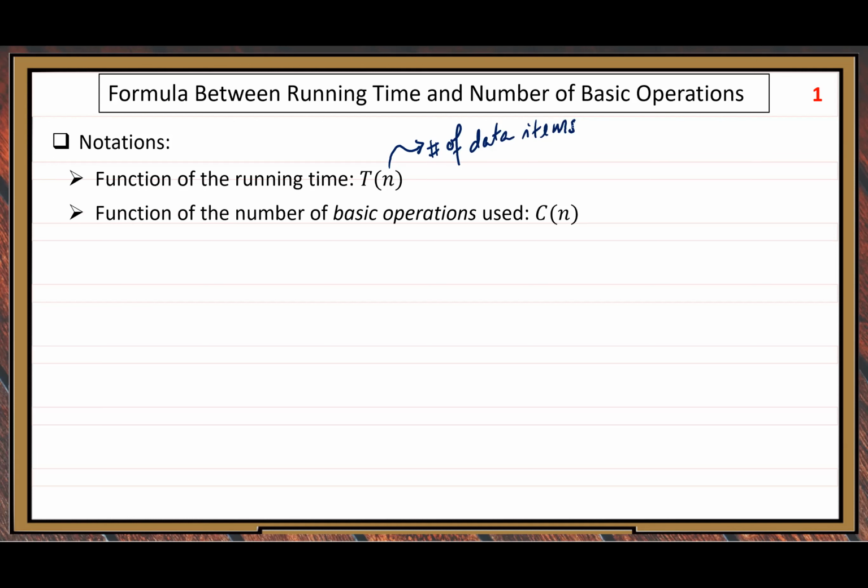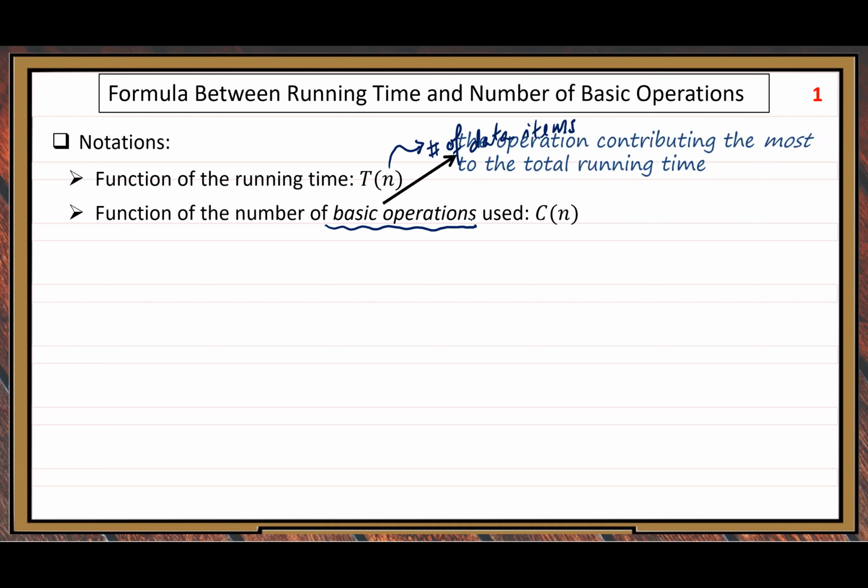Function of the number of basic operations used, another function, C function, C of n, capital C. But here you see this new concept called basic operations. So what is the basic operation? The operation contributing the most to the total running time.